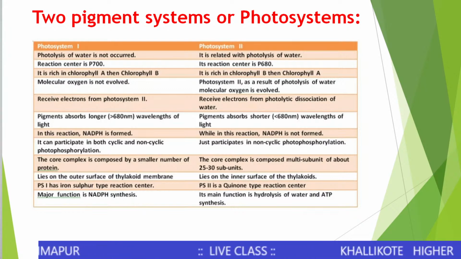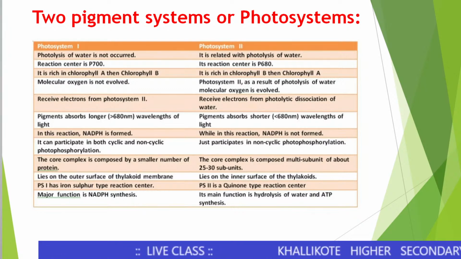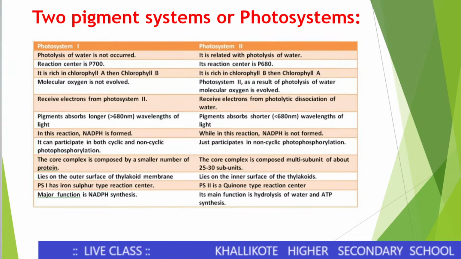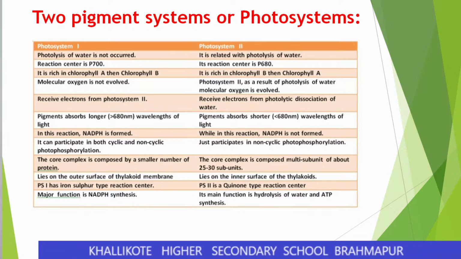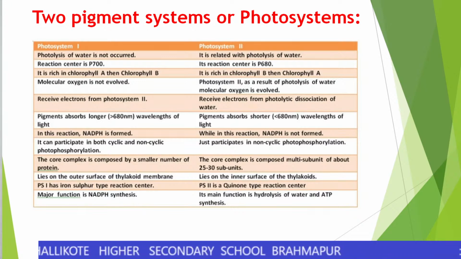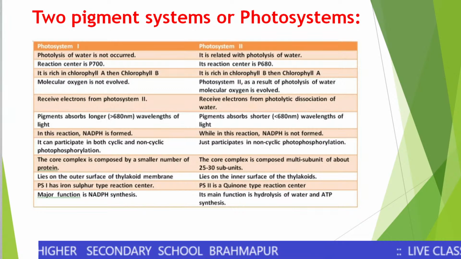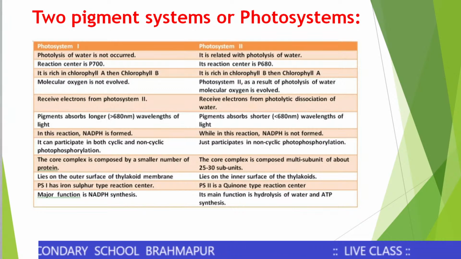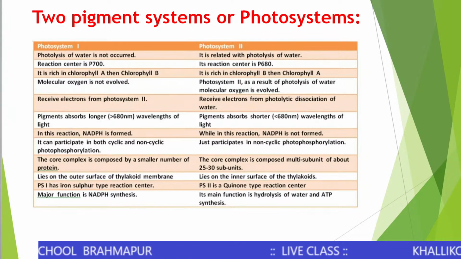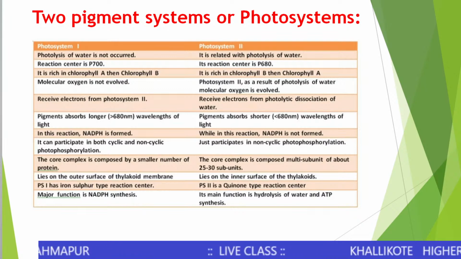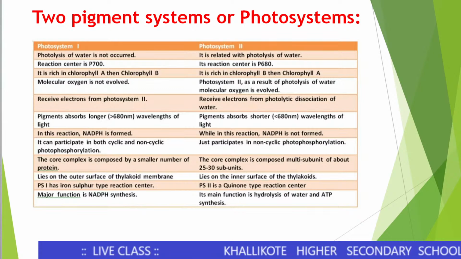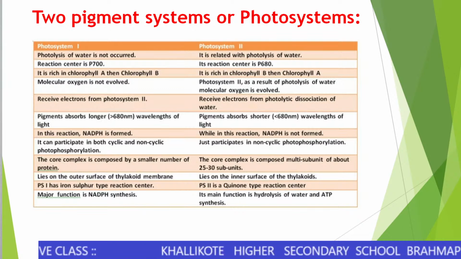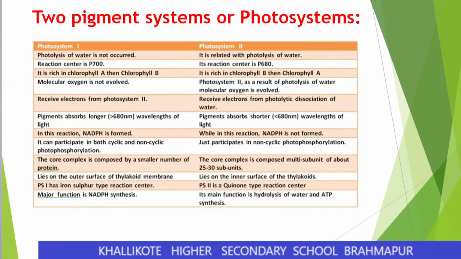So these are the two pigment systems found in the thylakoid membrane. Along with different electron acceptors and the CF0-CF1 complex, or ATP synthase, they carry out the process of light reaction, so the mechanism of photosynthesis starts from the photosystems.